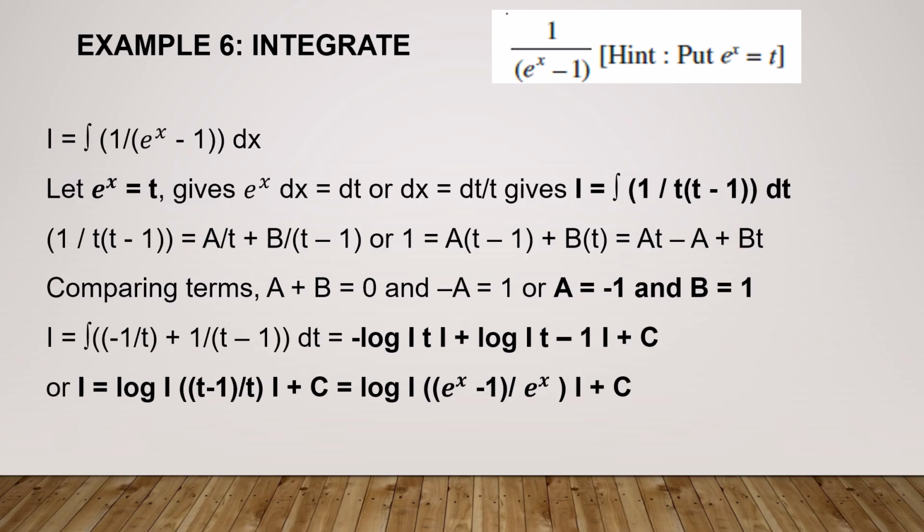So minus log mod t plus log of t minus 1. Again you know that log of a upon b is log a minus log b. So this can be written as log of mod of t minus 1 upon t. Re-put the value of t as e raised to x. So your final answer is log mod e raised to x minus 1 upon e raised to x plus c.